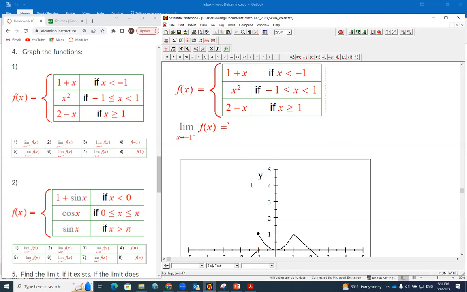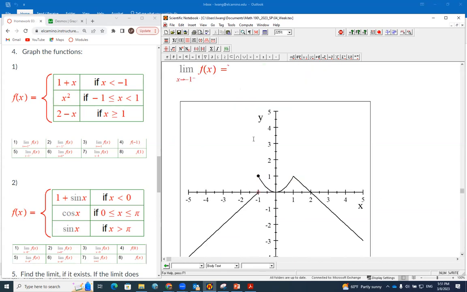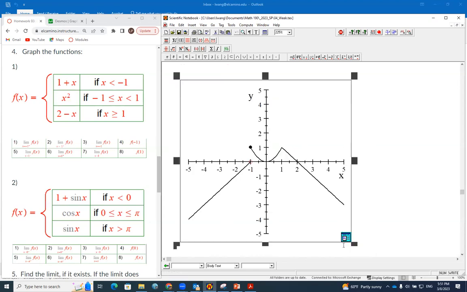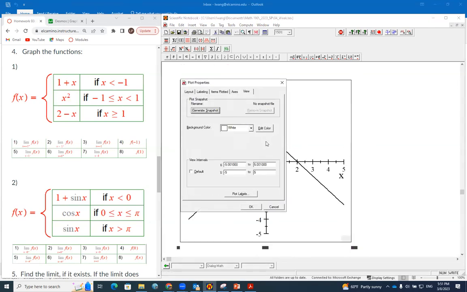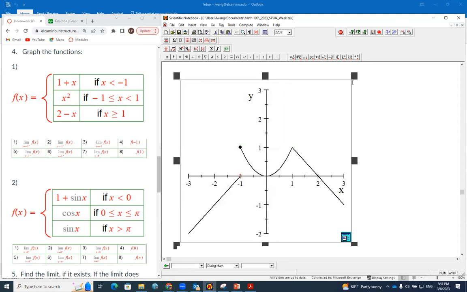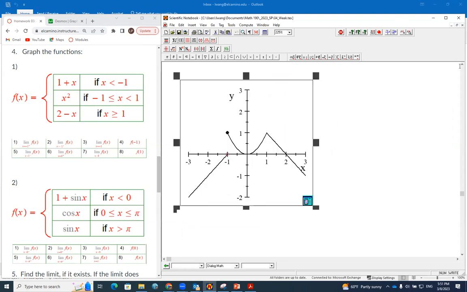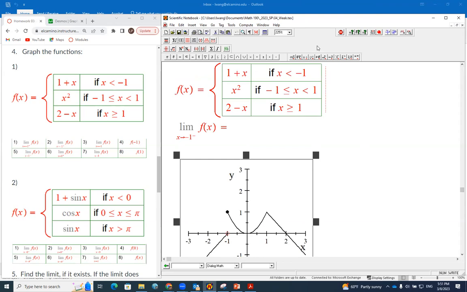So you will be observing the limit of the function. Let me make an adjustment to the graph so that it is easier to explain. When x is approaching -1, in your mind, you don't have to mark these, but you know what I'm talking about.